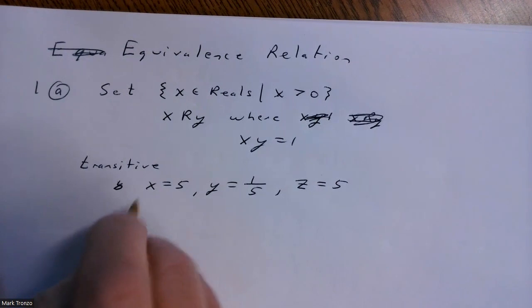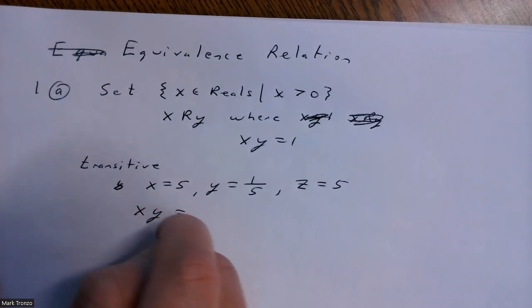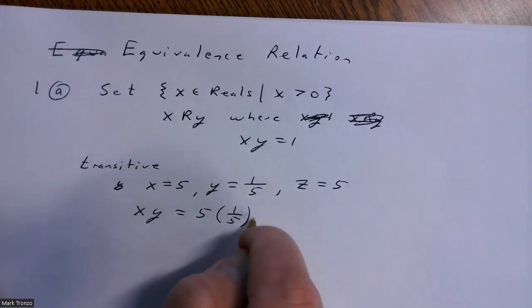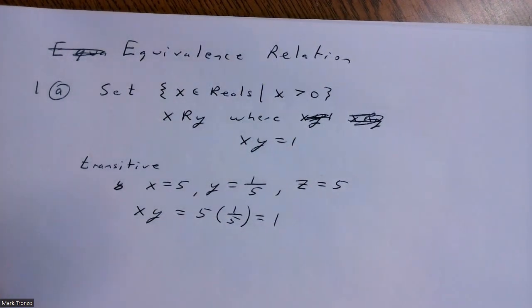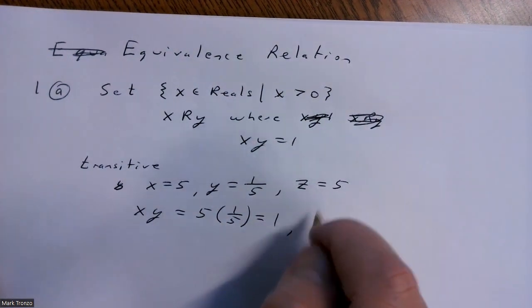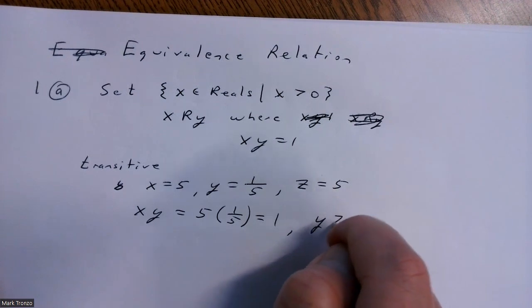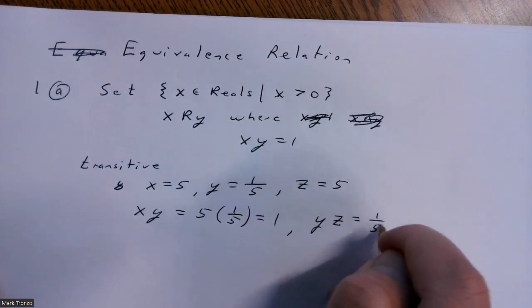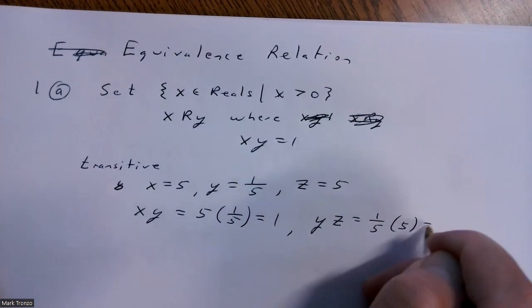So if we do XY, that's 5 times 1/5, which is 1. And then YZ would be 1/5 times 5.